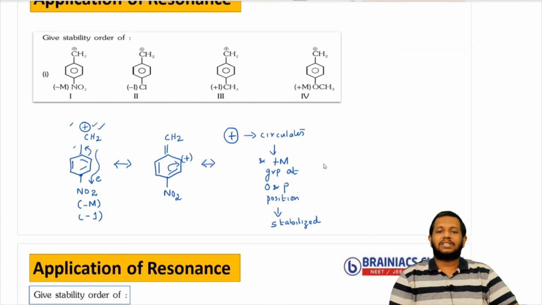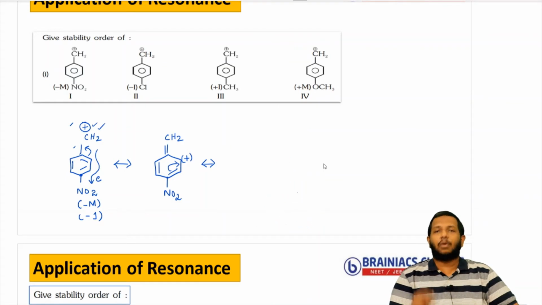So if plus charge comes, that will get stabilized. Now the same question: minus charge comes and a plus M group is there, what will happen? This will get destabilized. Only through practice will you understand this, or you don't want to conclude like this; with your logic you can find it out.